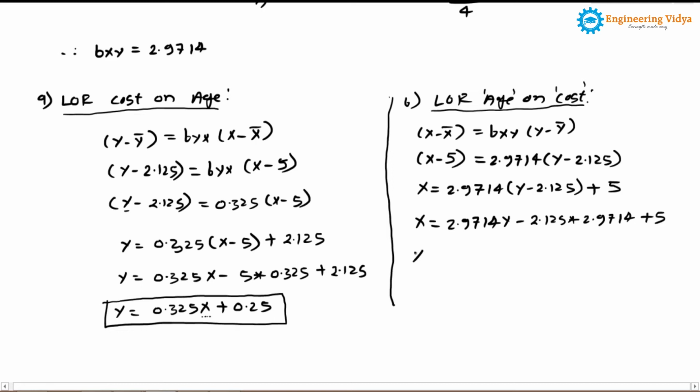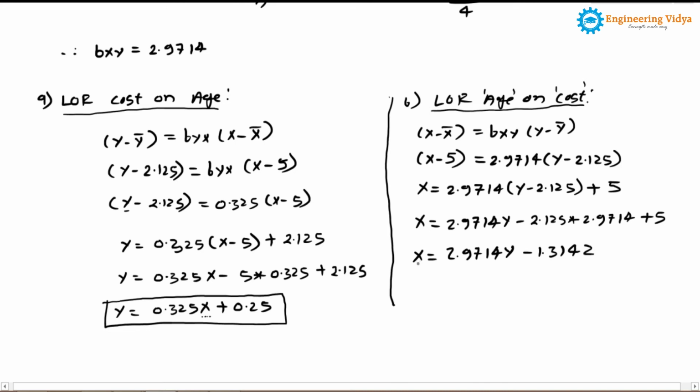If you simplify everything, after the simplification the last part will be 2.9714 into y, and you will get minus 1.3142.